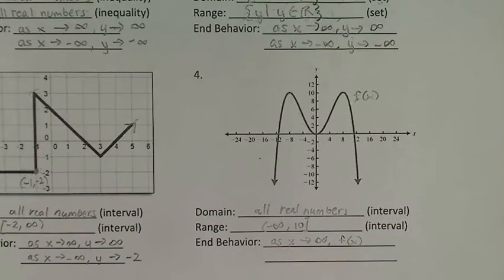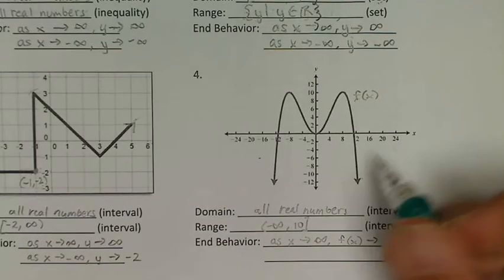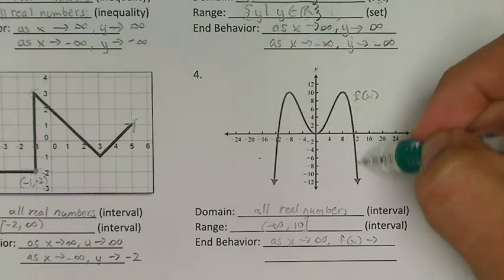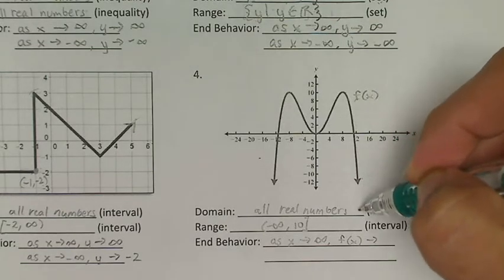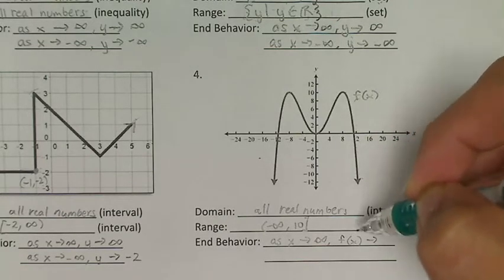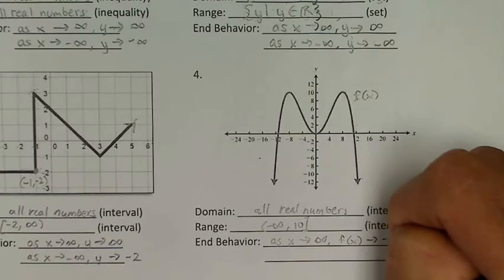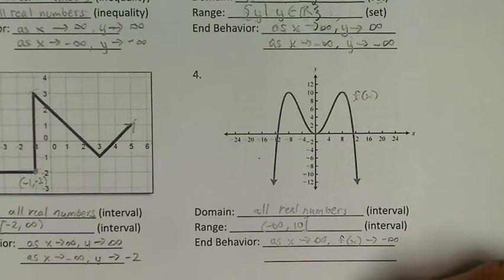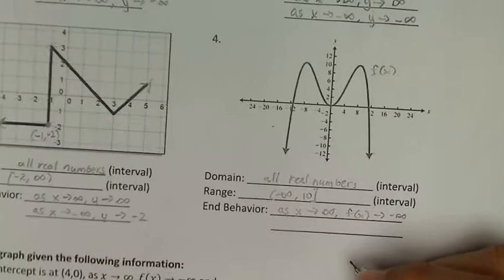So I'm going to use the function notation to write this. So as x approaches infinity, f of x, which is the same thing as y, approaches what? So as you go to the right on this graph, what is happening to y? Well, they're getting smaller and smaller or closer and closer to negative infinity. Okay?